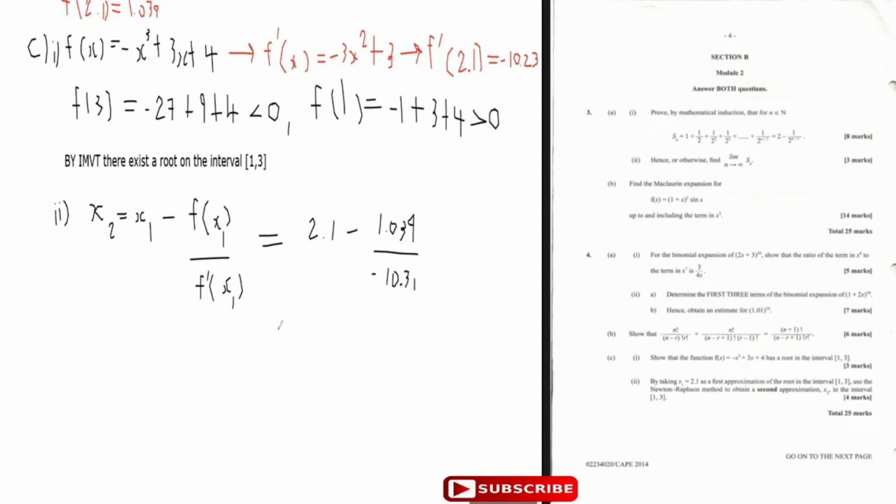When you do this division, we're going to get minus 1.039 divided by minus 10.39 plus 2.1. I'm getting 2.2. That's an approximation, 2.2. Nice. So that takes care of module 2.